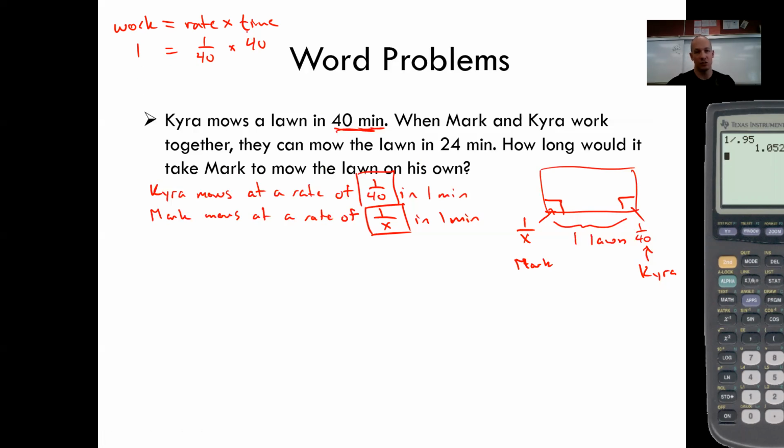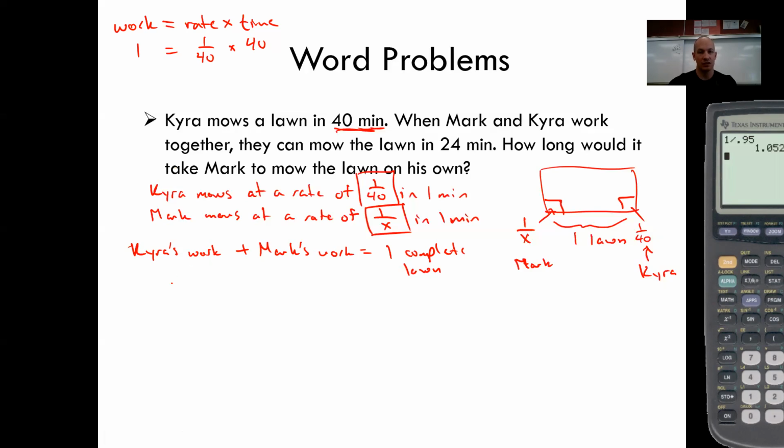And that's what Kira's doing. But in this case, we've got 2 people. So Kira's work, as just like a word problem equation, we're not actually putting math to it yet, plus Mark's work, we know that adds up to 1 complete lawn mowing, or 1 complete lawn.